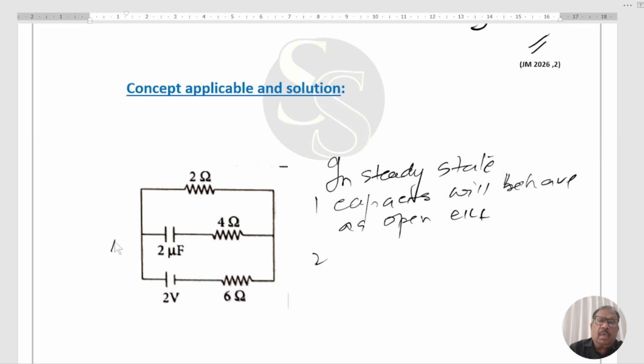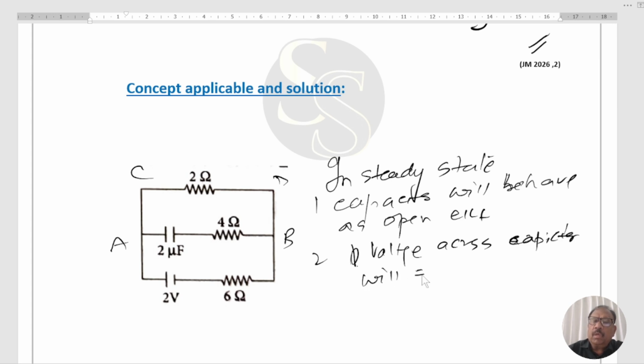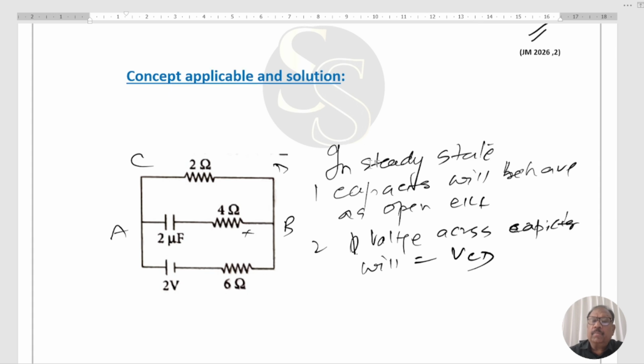Second, these are A, B, C, D. The voltage across the capacitor will be equal to V_CD. The capacitor has no role, no current will flow in steady state.